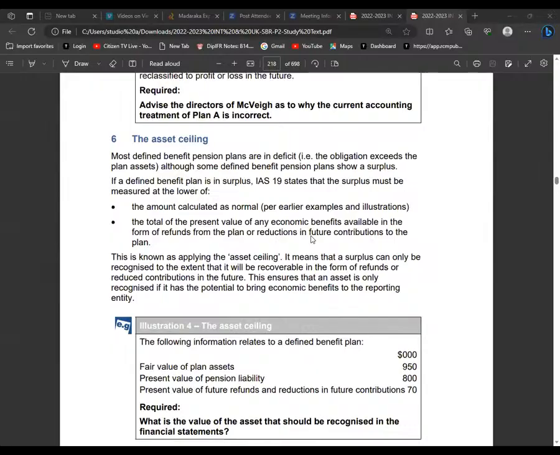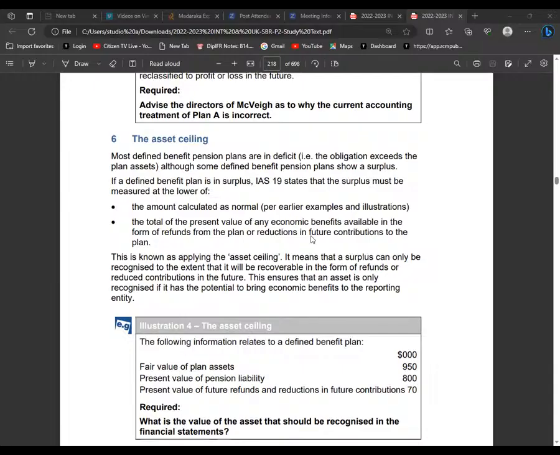Remember, ordinarily, pension schemes are normally troubled schemes. Many organizations, including governments globally, are struggling with pensioners. In most cases the net has to be an obligation. But if it goes the other way around and you get a very rich pension scheme which has a net asset, that net asset has to be capped.